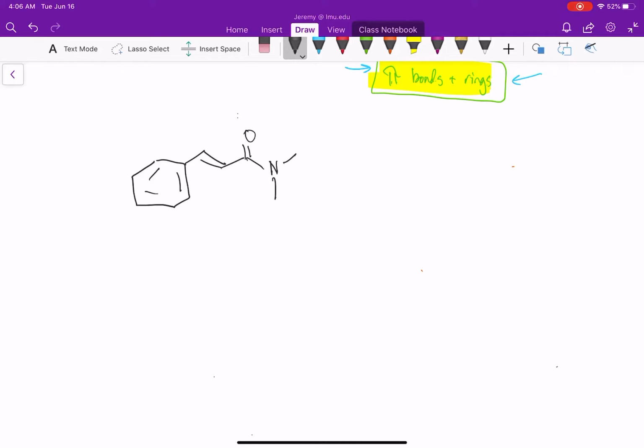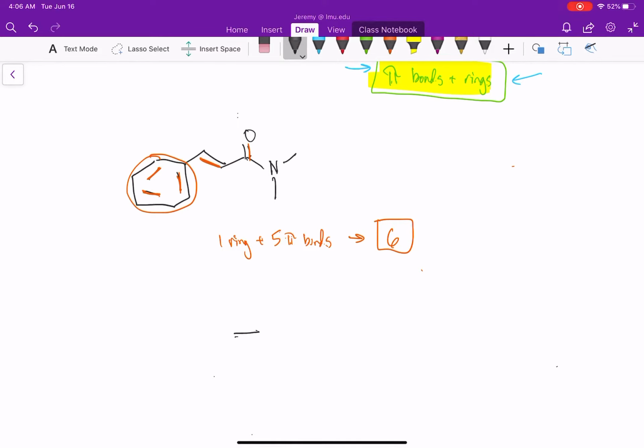You can see here we have one ring, a 6-carbon ring. We have a pi bond, 1, 2, 3, a 4th pi bond and a 5th pi bond. So this molecule has one ring plus 5 pi bonds, which would return a DBE or DU value of 6.